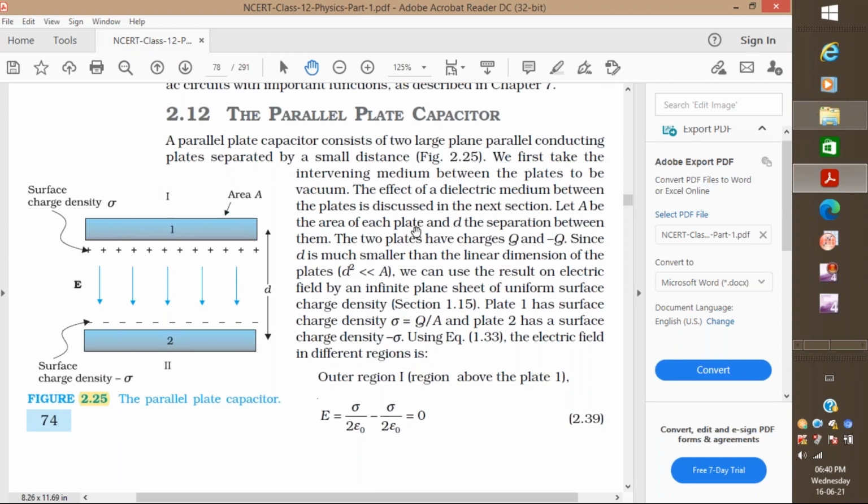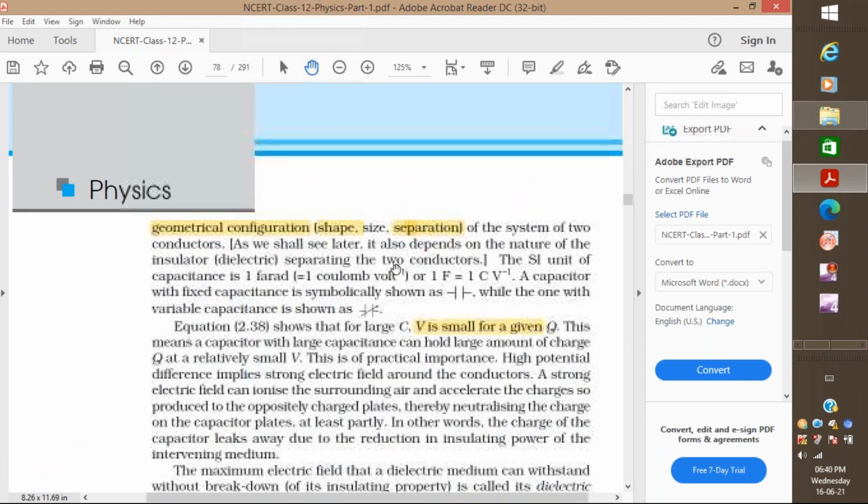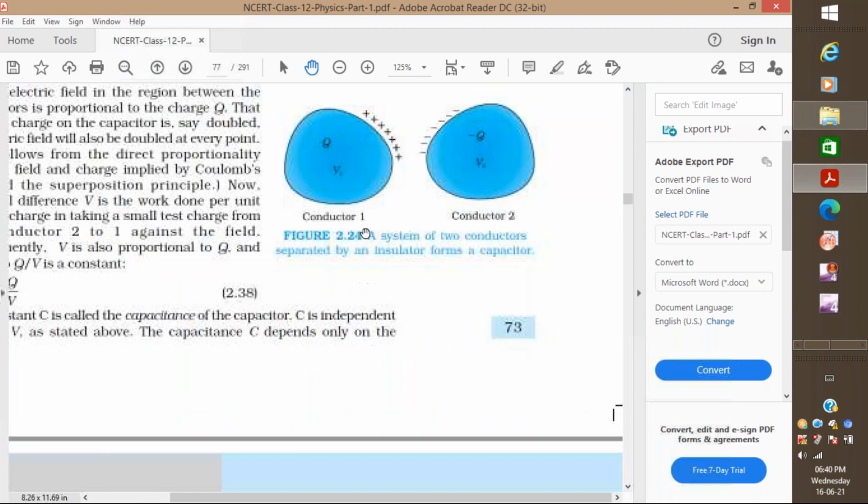In the beginning I had taken an arbitrary shape of conductors, even in your book, and I said that the capacitance of a capacitor depends on the shape, geometry, and size.